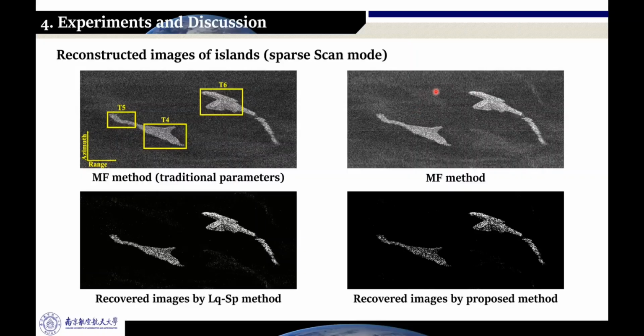The recovered images of the norm regularization-based methods are well focused with better performance. However, they still suffer from the azimuth ambiguities. The proposed method achieves well recovery of the scene, even when the data are collected with a reduced PRF in sparse mode.